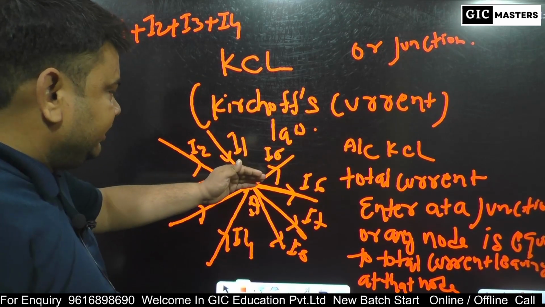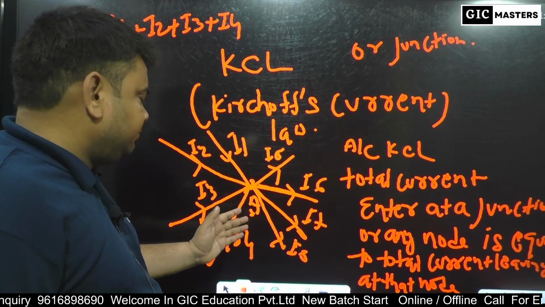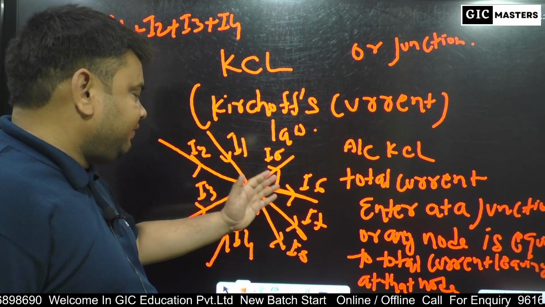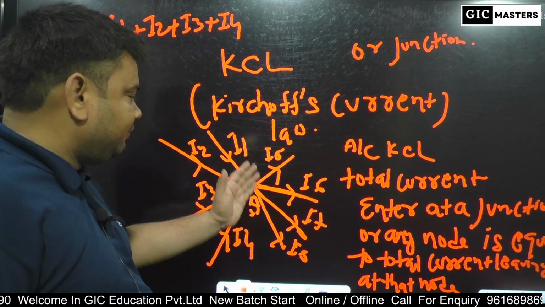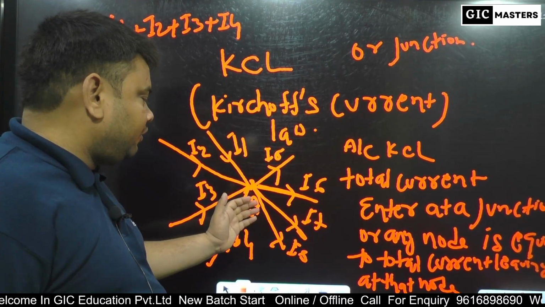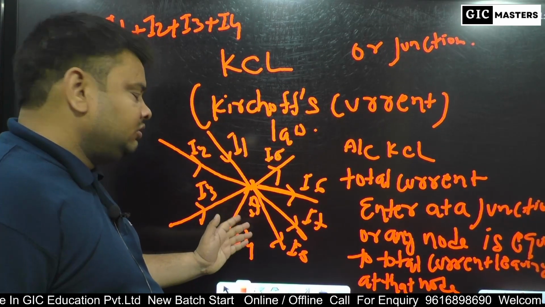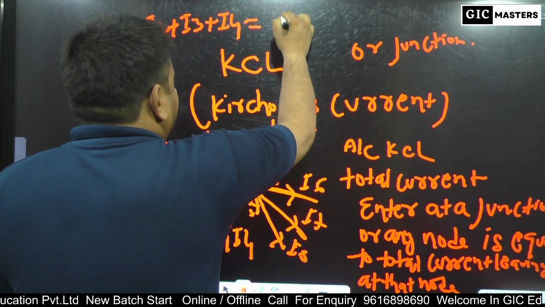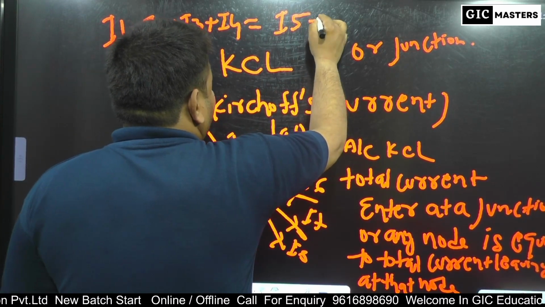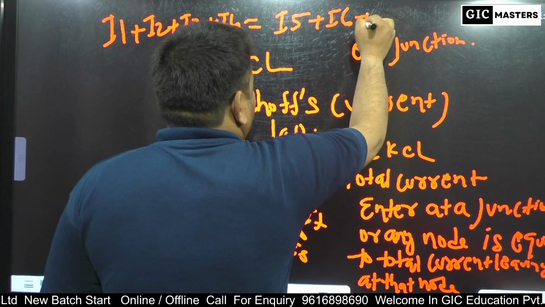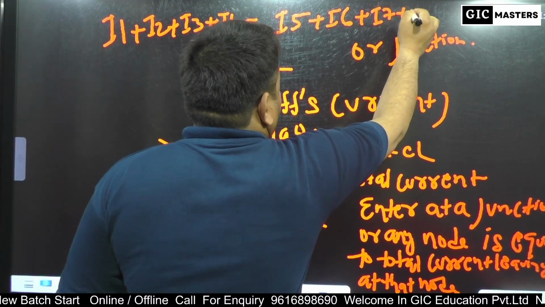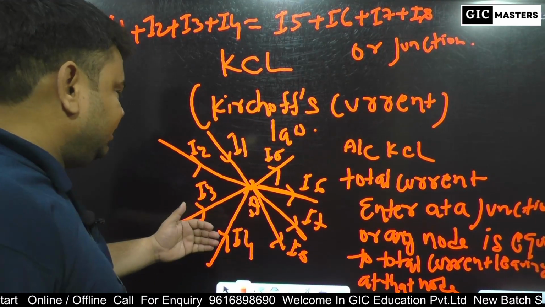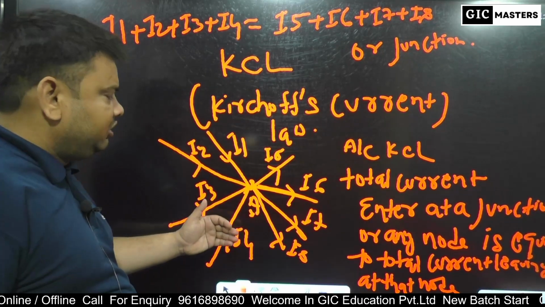And 4 currents leave from node A or junction A. I5, I6, I7 and I8 are the 4 currents that leave from node A or junction.